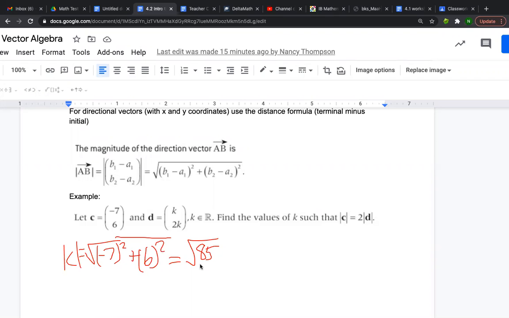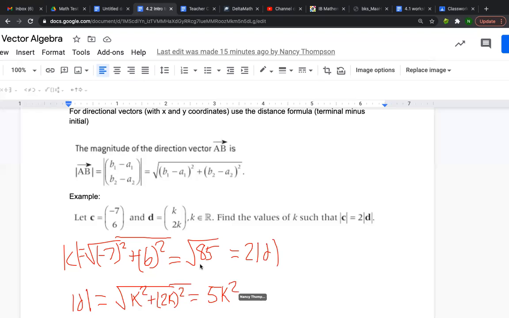And then this should be the same thing as 2 times the magnitude of D, where the magnitude of D would be equal to the square root of k squared plus the quantity of 2k squared. Since it's the quantity of 2k, that becomes 4k squared plus k squared, which is 5k squared.